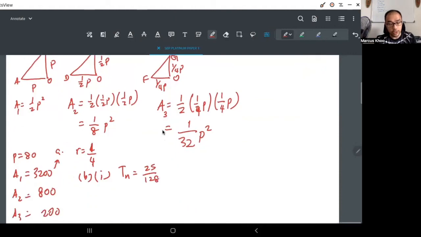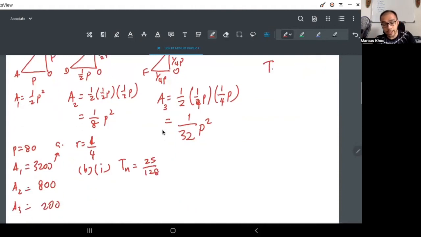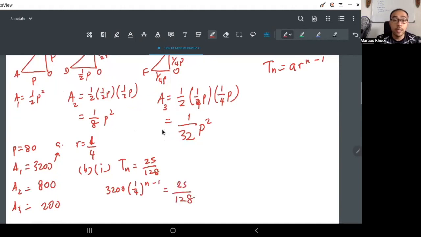You substitute now. The formula is Tn equals to ARn minus 1. A is 3,200, R is 1/4 to the power of n minus 1 equals to 25/128. You solve this and you will get n equals to 8.